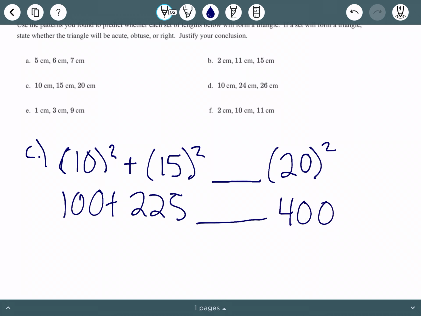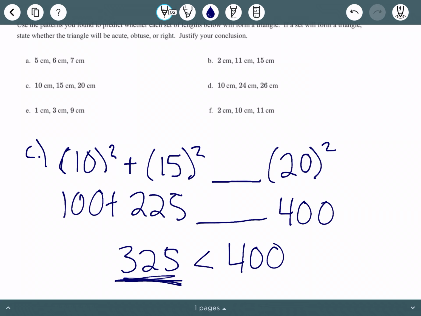All right, so 100 plus 225 is 325, which is less than 400. In the case where we have one that is less than our longest length, so the areas of our two shorter sides are less than that of our hypotenuse, this is an obtuse triangle. Now remember to make sure that you've copied down all the work, because that's what serves as your justification when it says justify your conclusion.